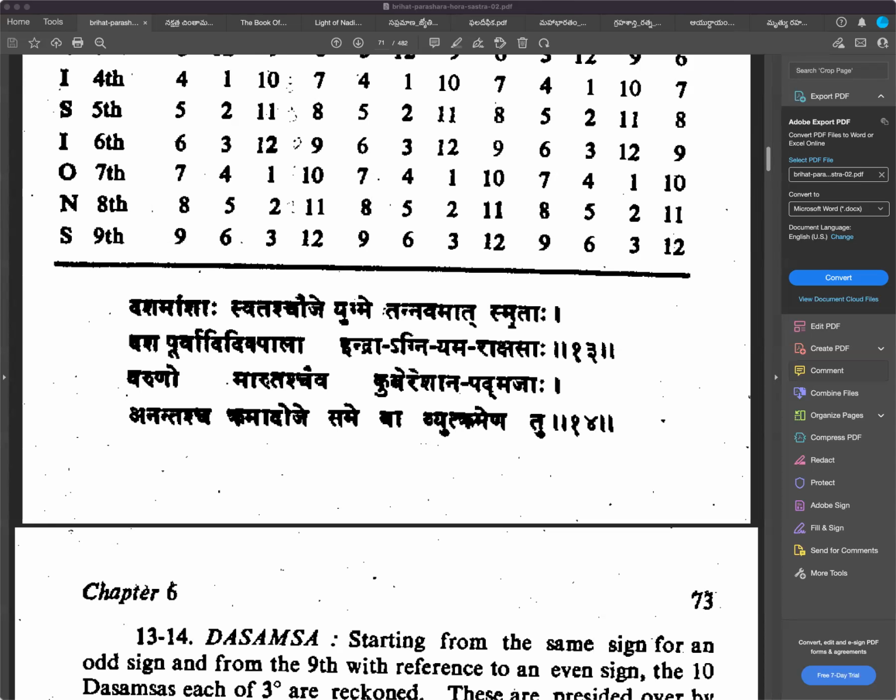One Navamsha in D1 is equal to 3 degrees 20 minutes, which is divided by 30. That factor comes, and you need to multiply it with how much of the 3 degrees 20 minutes the planet has consumed. If you multiply with that, you will get that degree in the Navamsha.